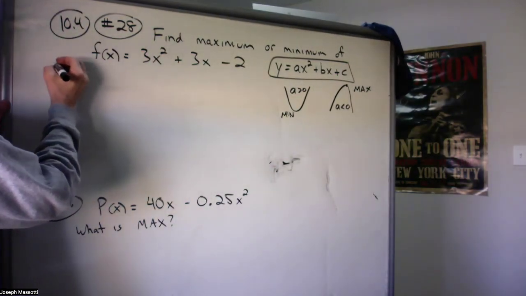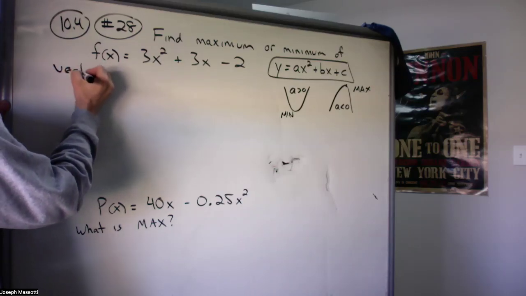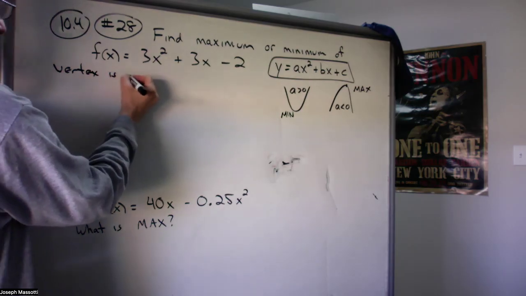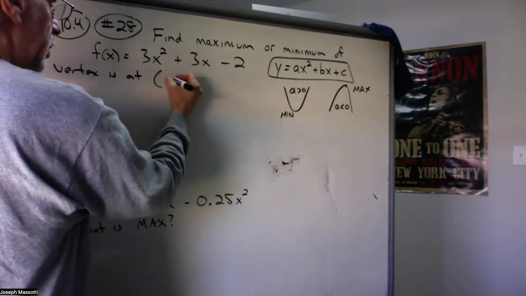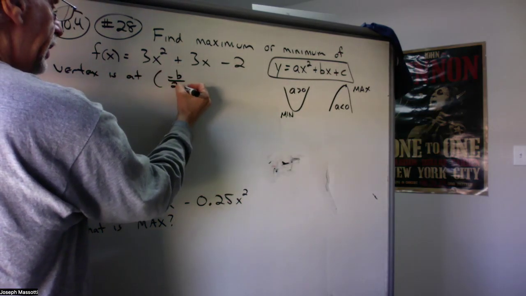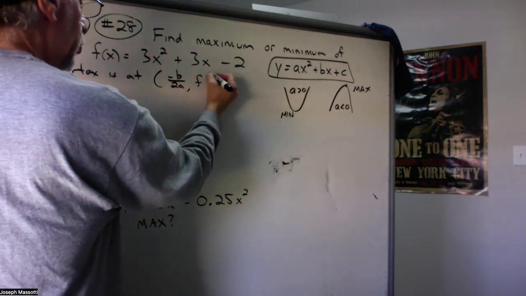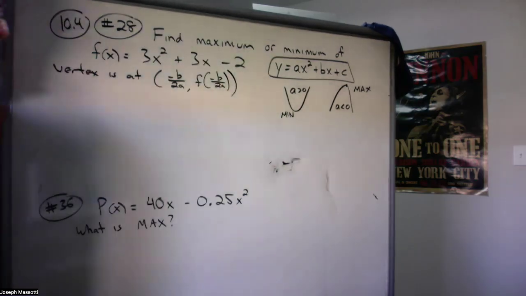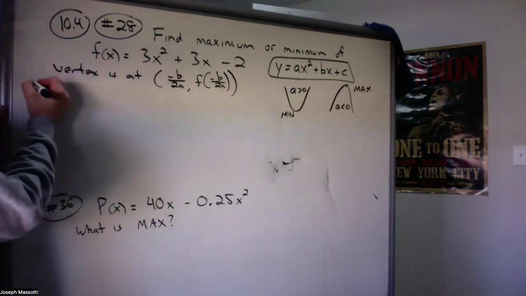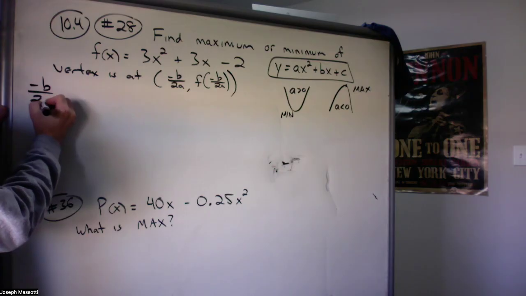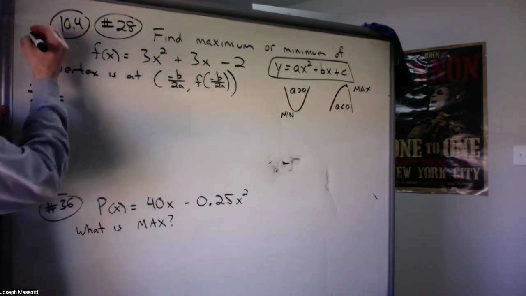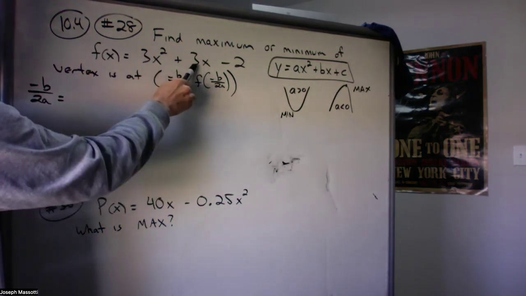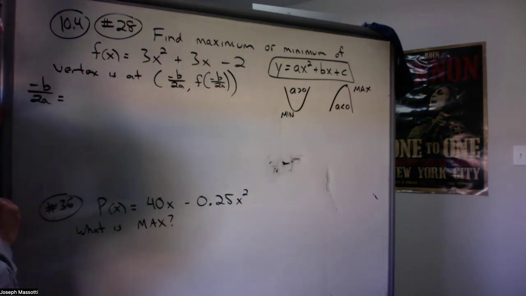And we know the x-coordinate of the vertex is going to be at an x value of negative b over 2a, and then we're putting that value into the function to get the y value. So negative b over 2a, here our a is 3, our b is 3, our c is negative 2.